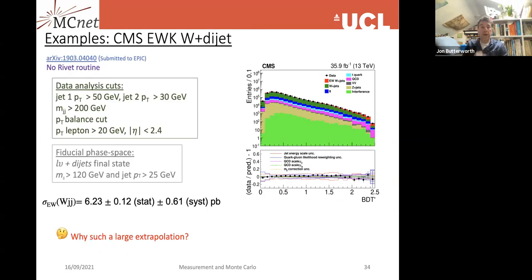A little bit more severe is this electroweak W plus dijet measurement, where they make the analysis cuts that are shown in the green box there, which you'll see are cuts on the jet PT and the lepton PT, and then they define what they call a fiducial phase space in terms of the mass of the dijets and the jet PT, but not in terms of the leptons or anything else.